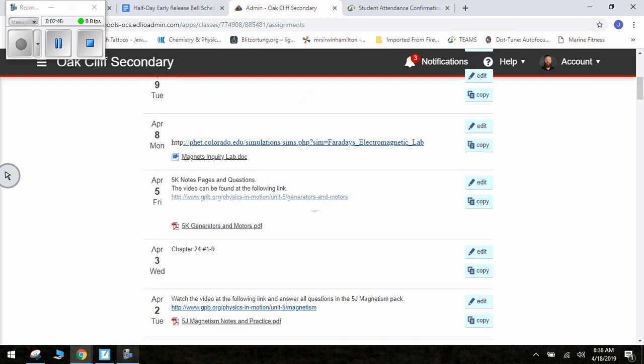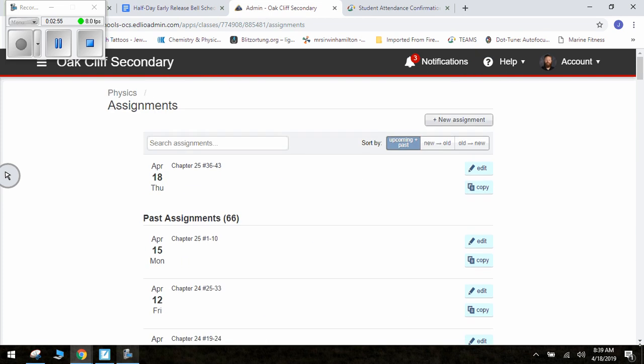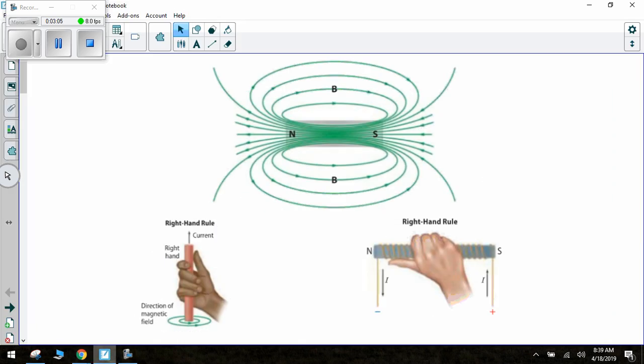Starts all the way here at 5J. Then chapter 24, 1 through 9, then 5K, then the magnet inquiry lab, then chapter 24, 19 through 24, 25 to 33, chapter 25, 1 through 10, and chapter 25, 36 through 43. All right.